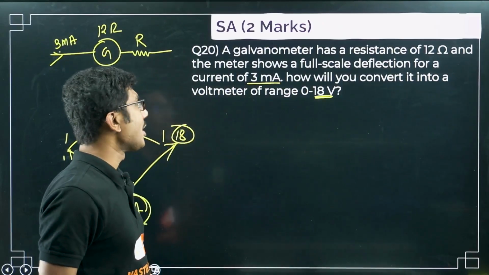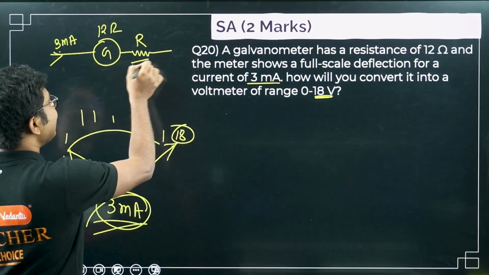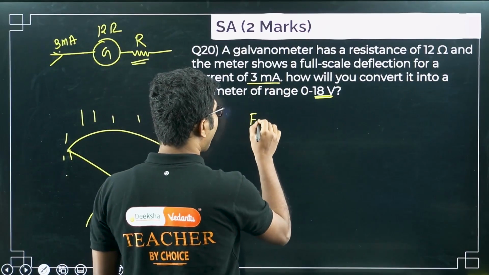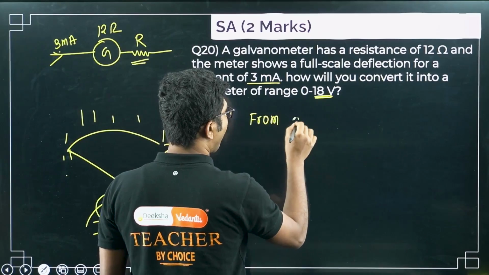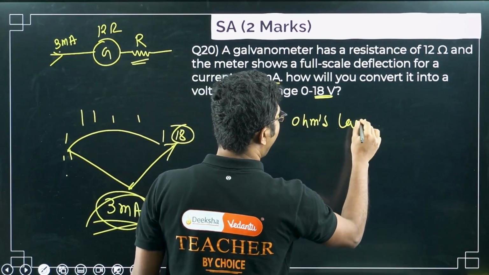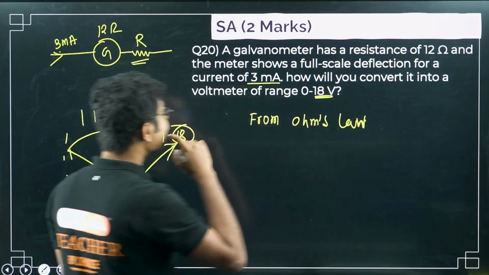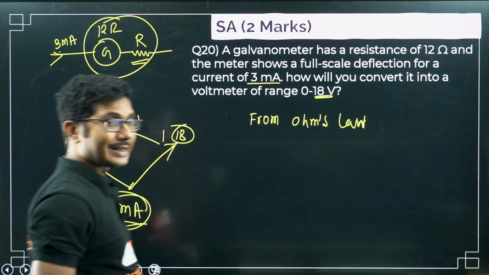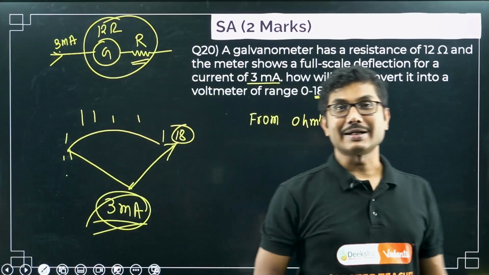So you have to calculate this series resistance R. We know from Ohm's law, now what is the total resistance? How are they connected, in series or in parallel?